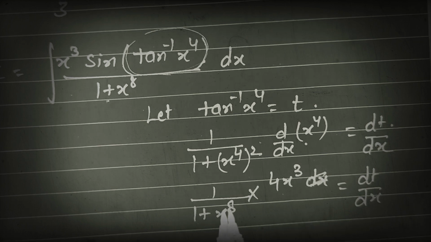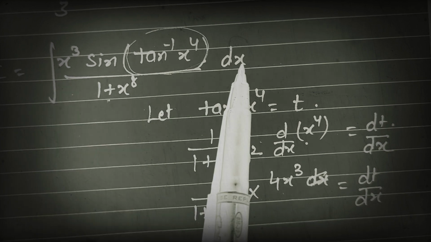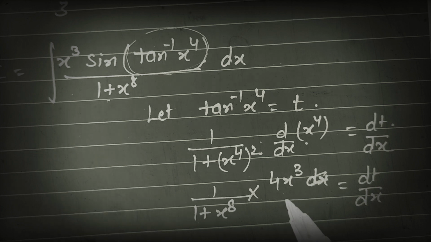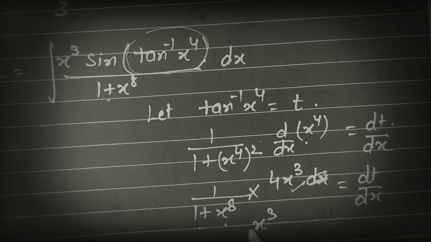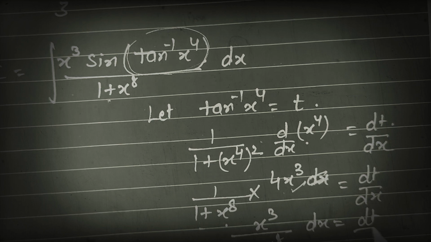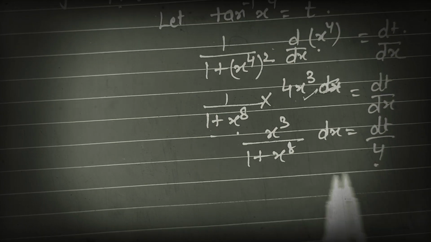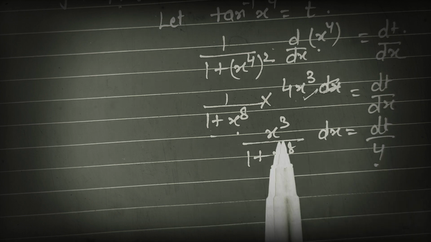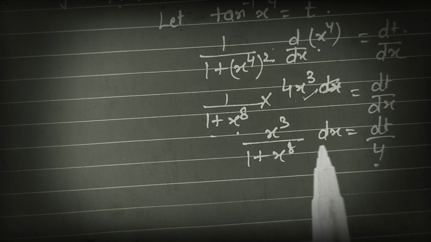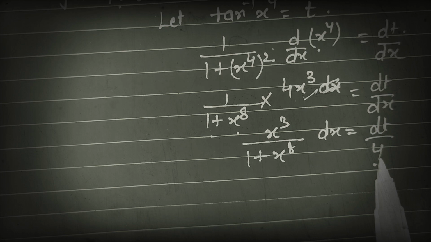And now we want only x cube dx upon 1 plus x raised to power 8. So we want only this part. The 4 will divide to the right hand side, so it is dt by 4. So x cube upon 1 plus x raised to power 8 dx can be written as dt upon 4.